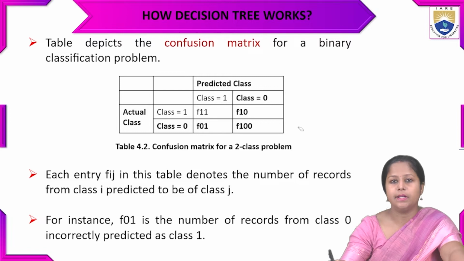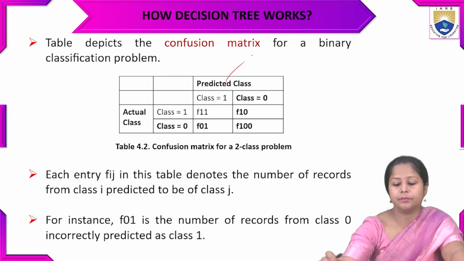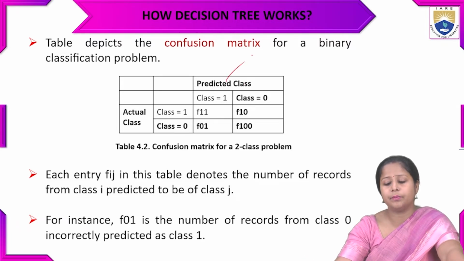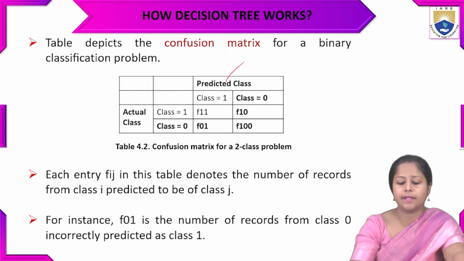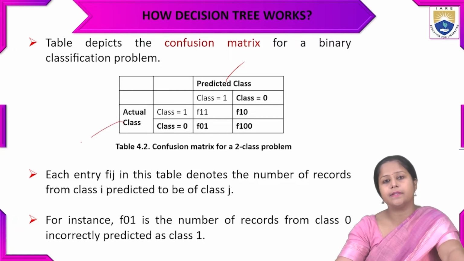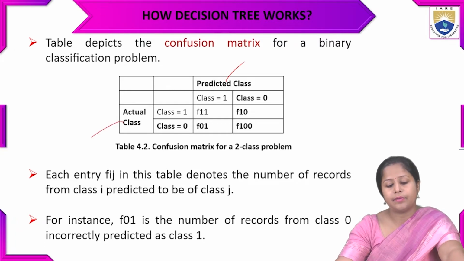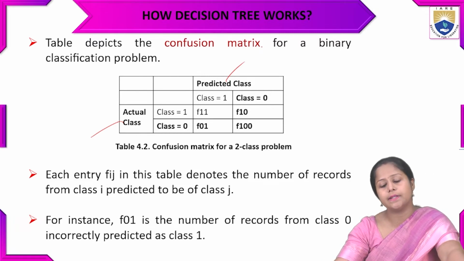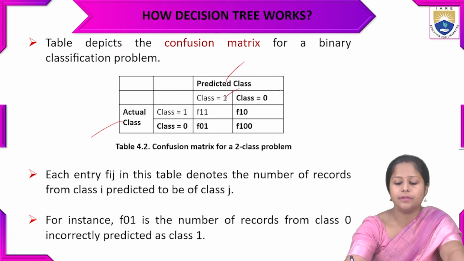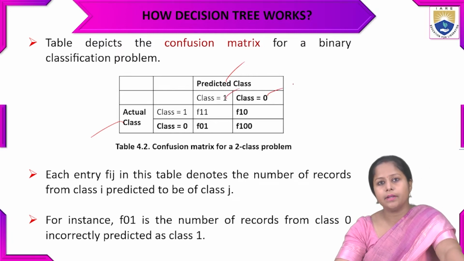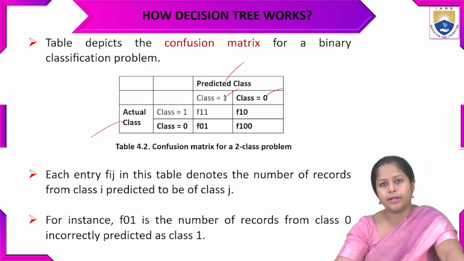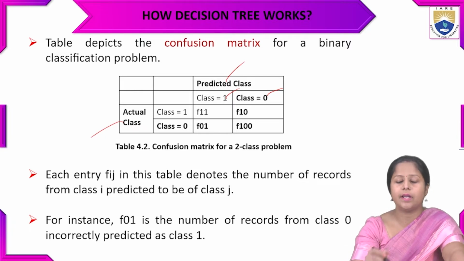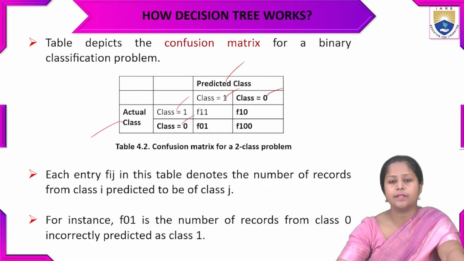The actual classes are on the left-hand side, and on the right-hand side are the predicted classes, class 1 and 0, the binary classes, and the actual classes are also 1 and 0.